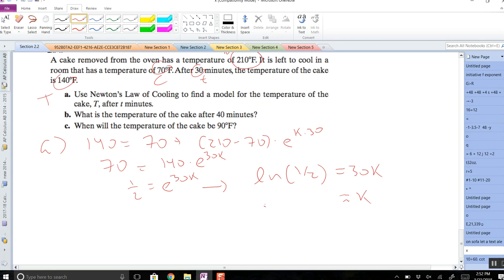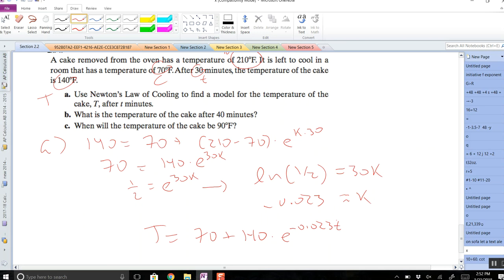You should get negative 0.023. Hopefully that makes lots of sense. Yeah, negative 0.023. Your model is this. This will help us to solve for the temperature at any particular time for the cake we're baking, using the data that was given to us.